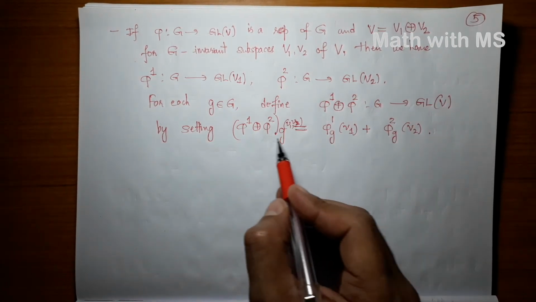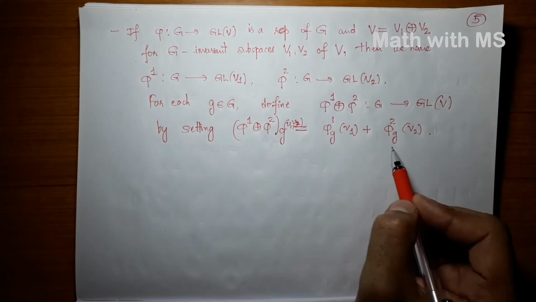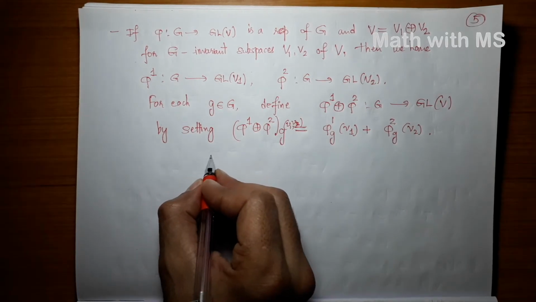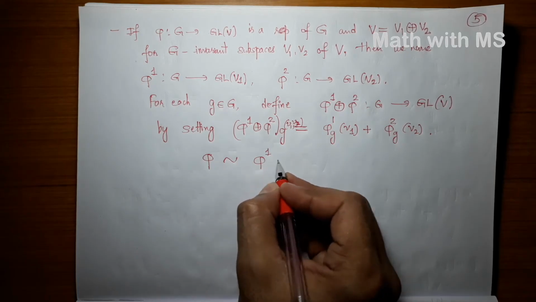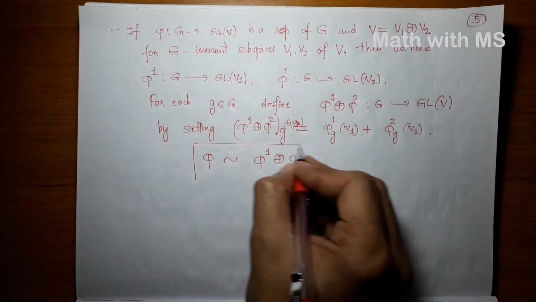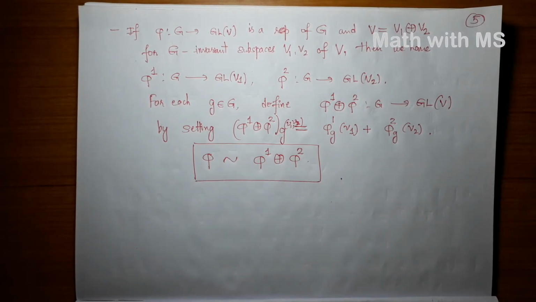One can easily check that it's actually a homomorphism from G to GL(V), all right? And it turns out that phi is in fact equivalent to phi 1 direct sum phi 2 with this definition.